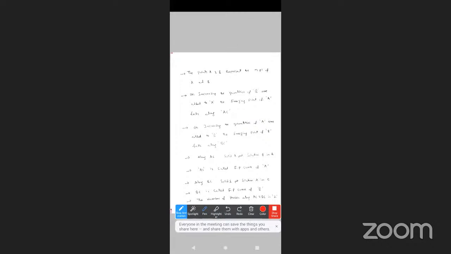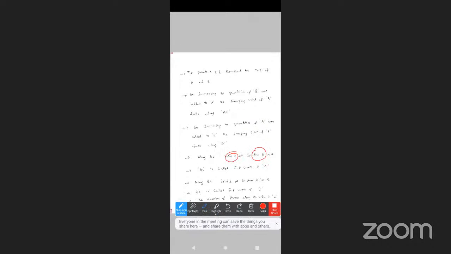Now, in any of these two curves, AC and BC, there exist two phases. Suppose along AC, solid A and solution, two phases. And along BC, solid B and solution exist.